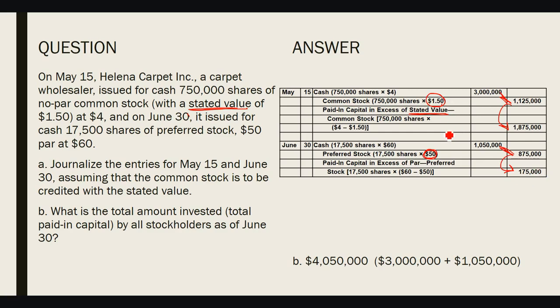Please remember that cash is increasing in our business, preferred stock is increasing, that's the amount that we have issued out, and paid in capital is also increasing. So they're all increasing, but remember the equity accounts increase on the credit side and cash increases on the debit side. So what is the total amount invested when we add those up is $4,050,000.